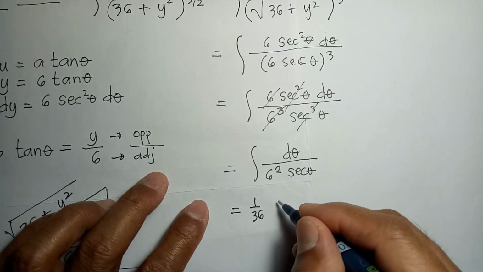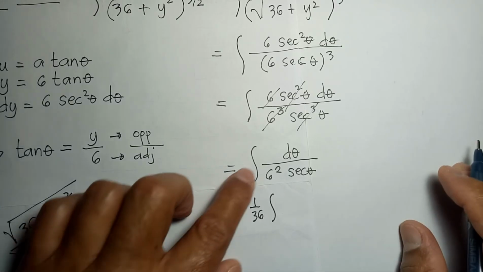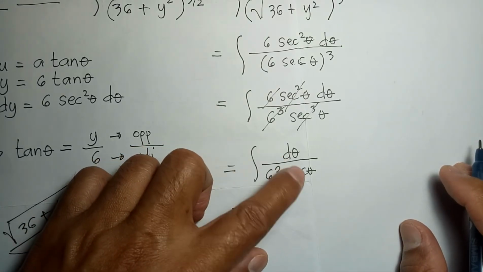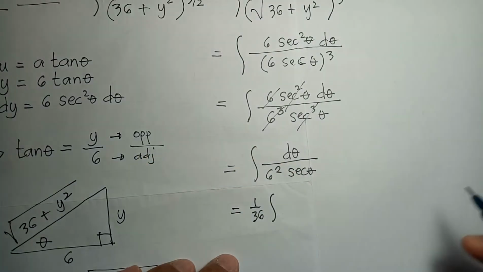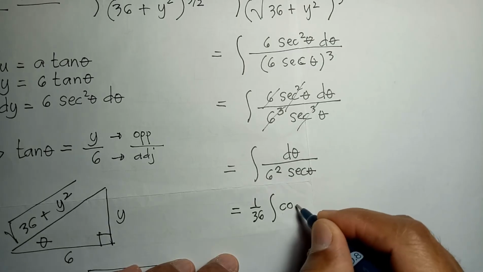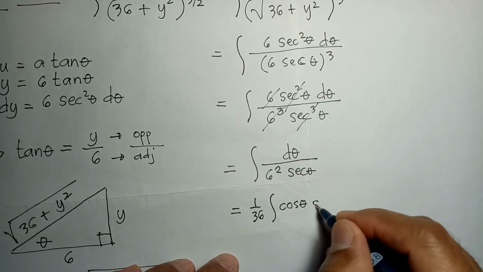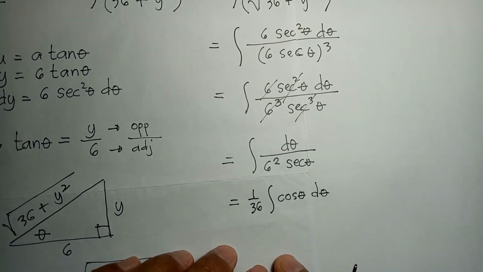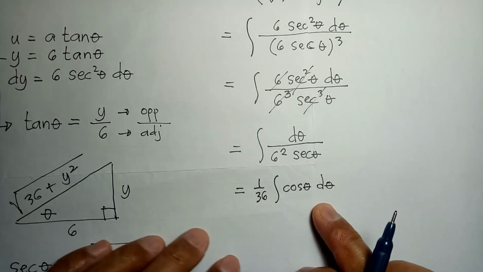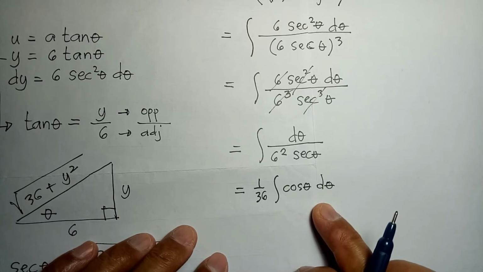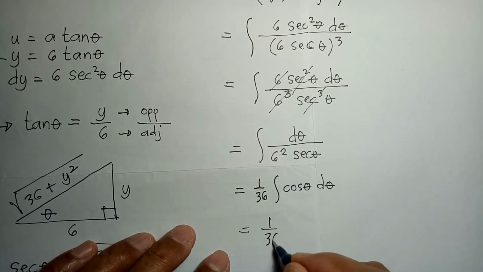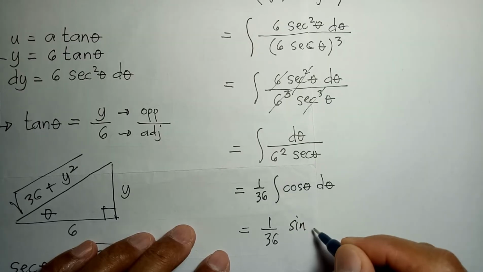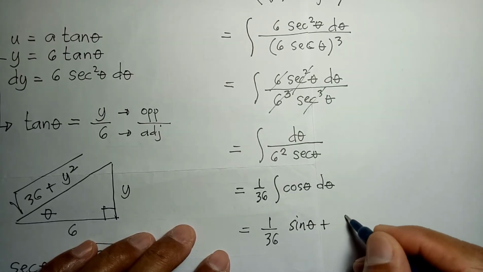So, 1 over 36 integral of, yung 1 over secant theta equal siya sa cosine theta. So, cosine theta d theta. So, integral of cosine theta d theta, readily integrable na siya by formula, equals siya sa sine theta plus c. So, 1 divided by 36 and then sine theta and then plus c.